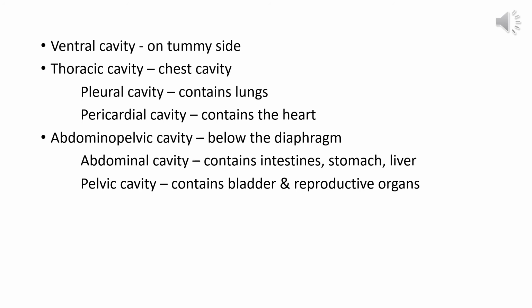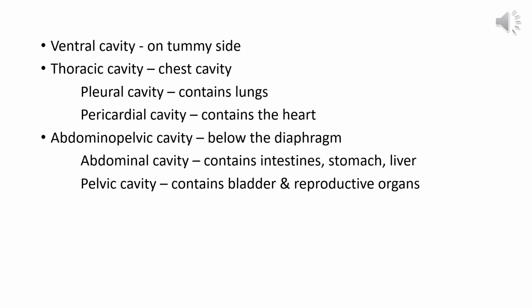The abdominal pelvic cavity is going to be pretty much anything below the diaphragm. It can be divided into the abdominal cavity that contains the intestines, stomach, liver, and other assorted organs. Yes, I know, some of the intestines are actually in the pelvic cavity. That's nice, deal with it. Most of the intestines would be in the abdominal cavity.